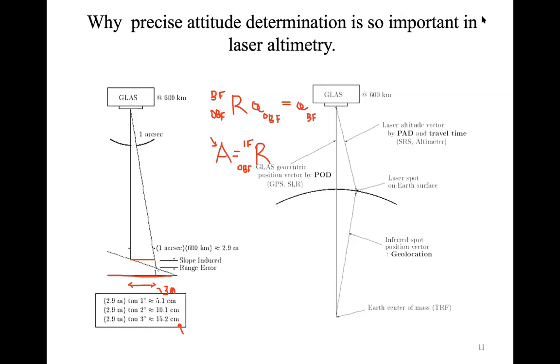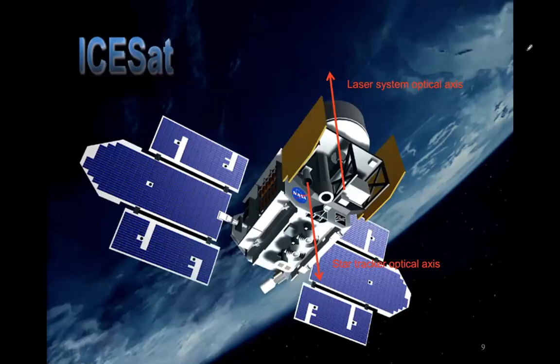Well, in the attitude problem, the knowledge of the center of the spacecraft, for example the knowledge between the two reference frames, is important if you want to combine the attitude and the orbit determination problem.